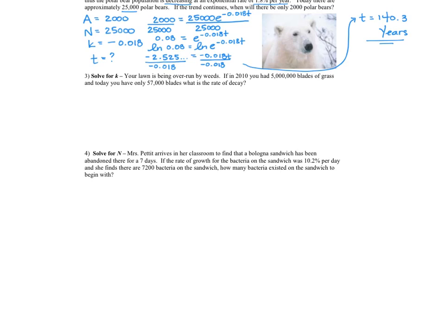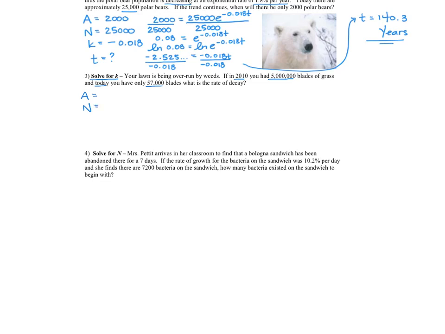So solve for k, or the rate of growth or decay, if your lawn is being overrun by weeds. If in 2010 you had 5 million blades of grass, and today you only have 57,000 blades, what is the rate of decay?